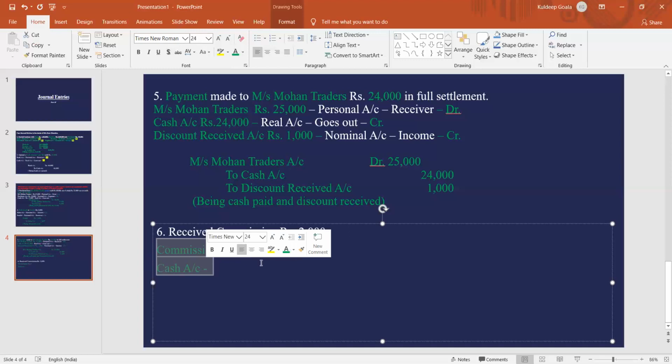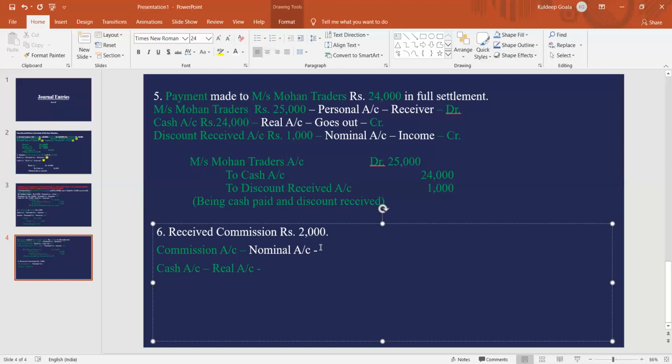Now let's find out what is going to happen with it. Let's first of all find out about the commission. So commission belongs to which account? Nominal account. Why nominal account? Because it is relating to regular income and expenses. And cash belongs to real account because it is our asset. Let's apply the rule.